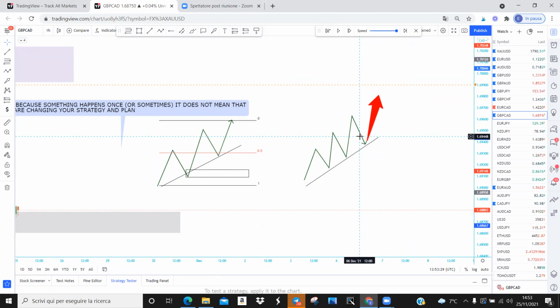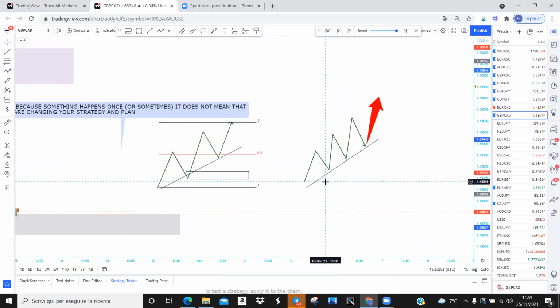But think about it, there would be no traders trading with trend lines or support and resistance or with premium if this never holds. Because if it just never holds, of course, traders will stop using it. But the reality is that sometimes it does hold, and for this reason, traders still use this way of trading. So they see that one time or two times it works, they say, oh, therefore the trend line works, the support and resistance works, and then 5 times in a row, they lose money.